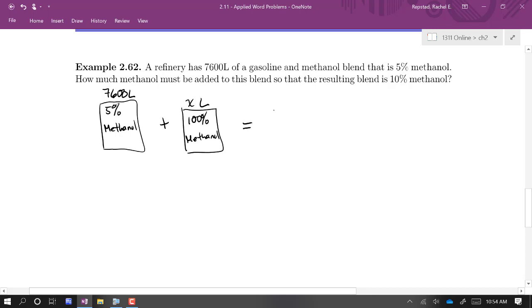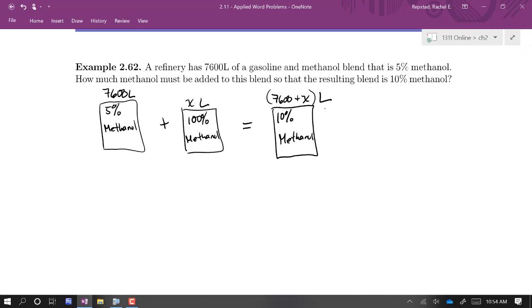And what I want to end up with is 10% methanol. The total volume I end up with depends on how many liters of methanol we added. So the total volume that we end up with is 7,600 plus X liters. So I've got a picture, a concept of what's going on here, and I can use this to make my equation.